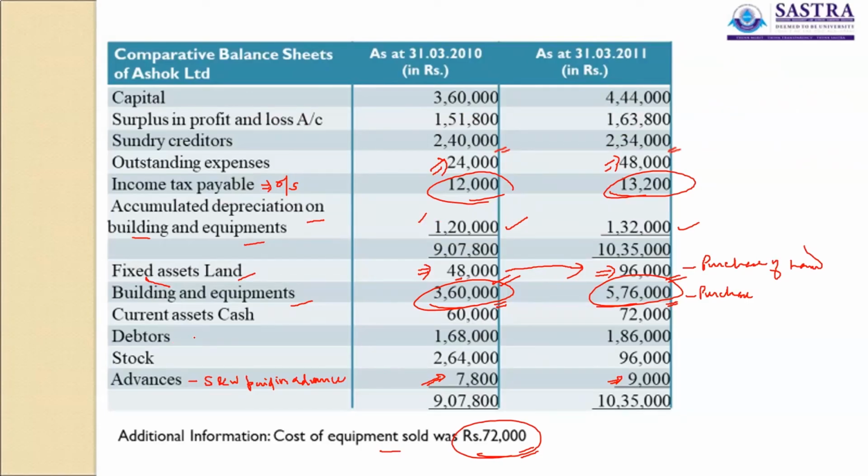And first let us start with current assets. So current assets, debtors, there is an increase by 18,000. 1,68,000 becomes 1,86,000.